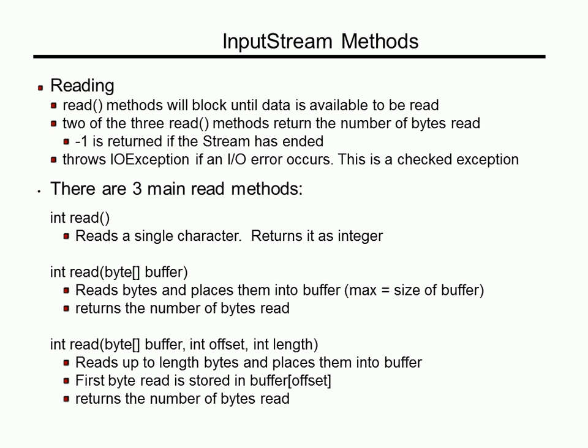And the third one, we said 2 of the 3. There are 3 read methods. The third one doesn't return -1, but it throws IOException, Input Output Exception. Immediately it throws that exception, you get to know that it has ended. So wherever you are reading, you put it in a try catch block.